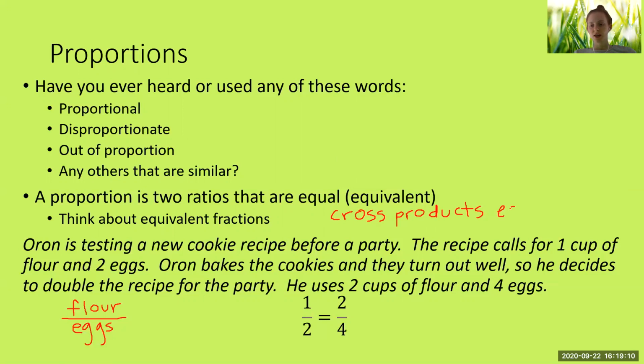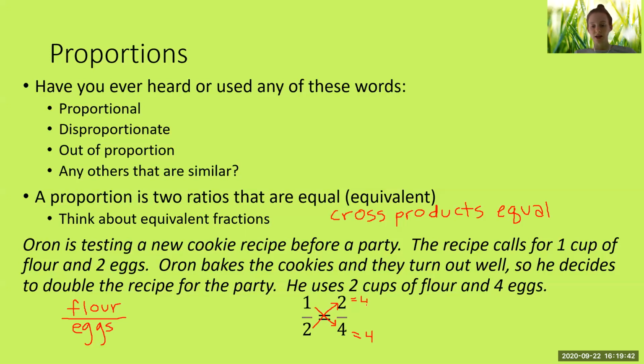So let's double check that here with Aron's flour and eggs. So we'll check one cross product. So 1 times 4. Right, cross product means multiplying along the diagonals. So 1 times 4, that equals 4. And 2 times 2, that also equals 4.